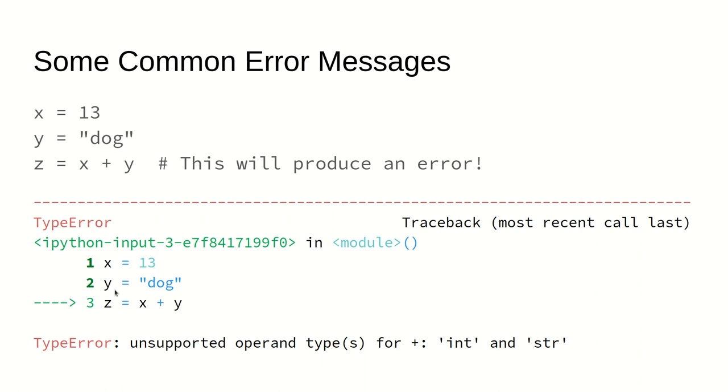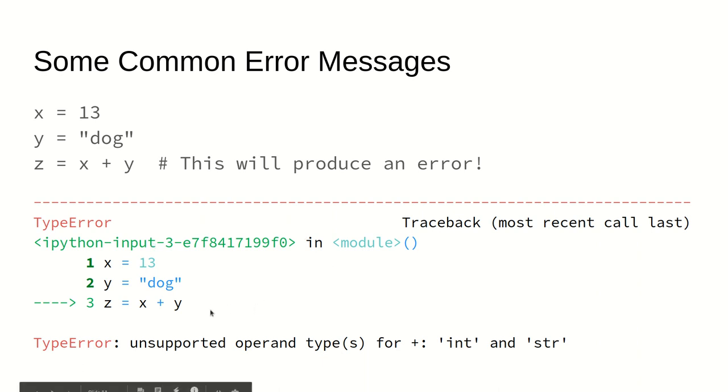But in Python, that's not well defined. Should it be 13 dog? Should I add the number 13 to the number that D would correspond with in the alphabet and try to shift that letter forward by some amount? Should I turn dog into a number and try to combine that with 13 somehow? This is not well defined.